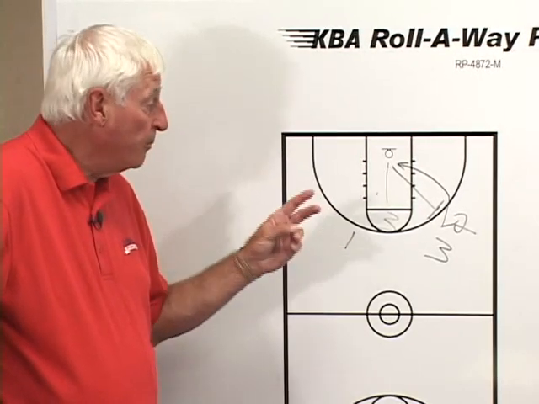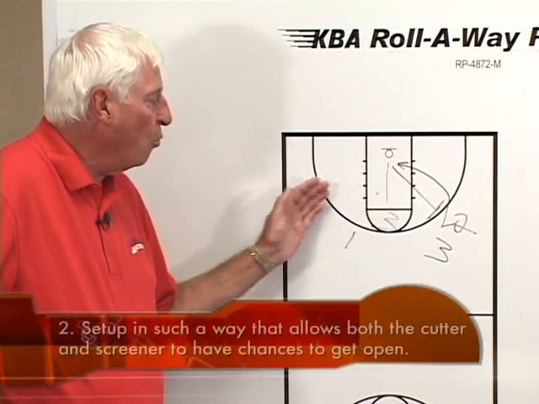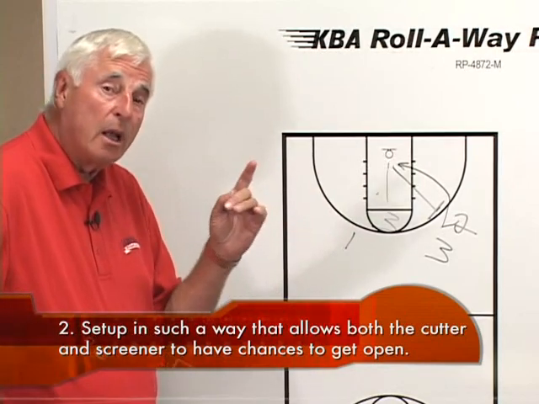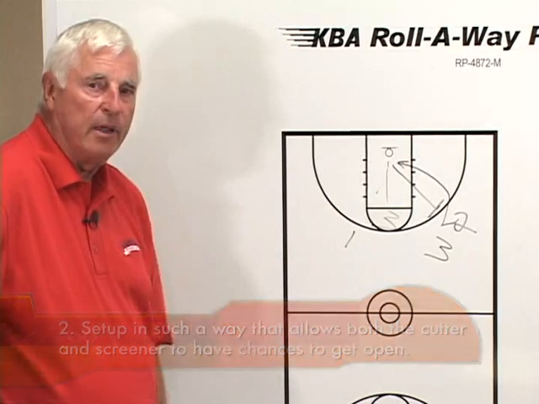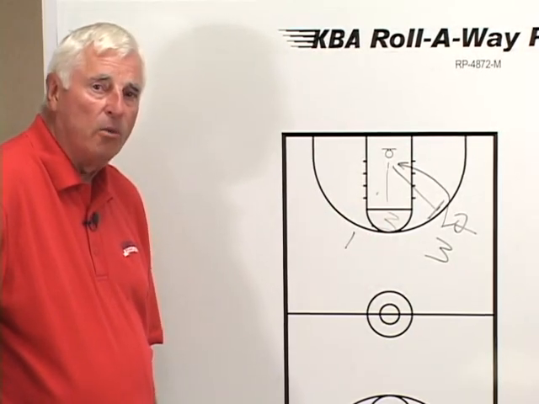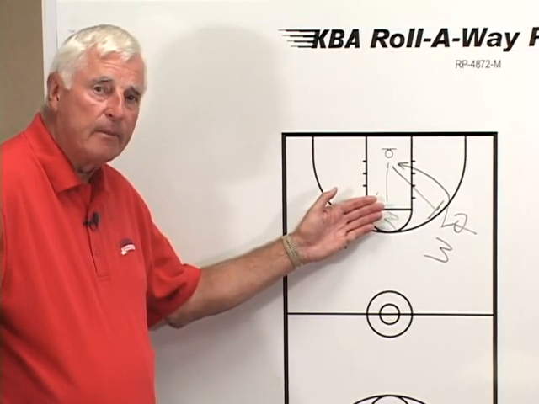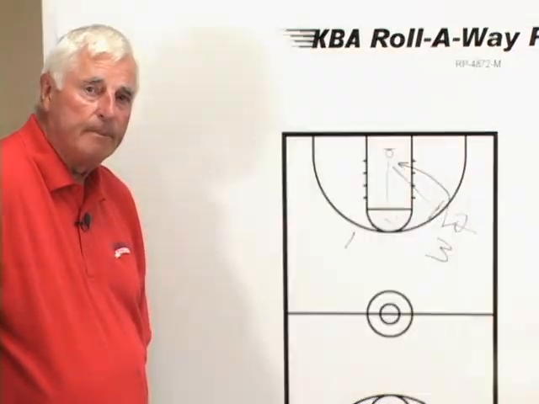Number 1, number 2, set up in such a way that now we're concentrating on both the cutter having a chance to get open as well as the screener having a chance to get open, as we do in everything that we run. Now, it's an inside game rather than a half-court game.